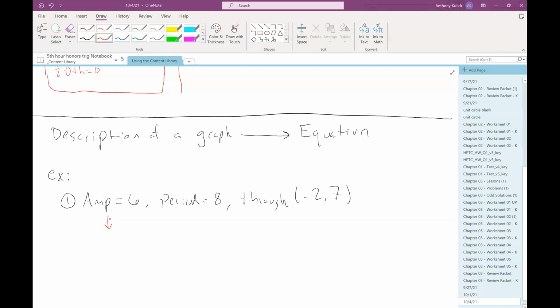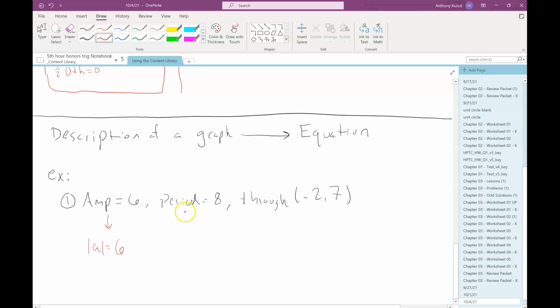The distance from the center line to the maximum. Which is represented by which variable? A, C, H, or K? A, but remember the amplitude is just giving us the absolute value of A, not A directly. We'll have to decide whether that A needs to be positive or negative here in a moment.